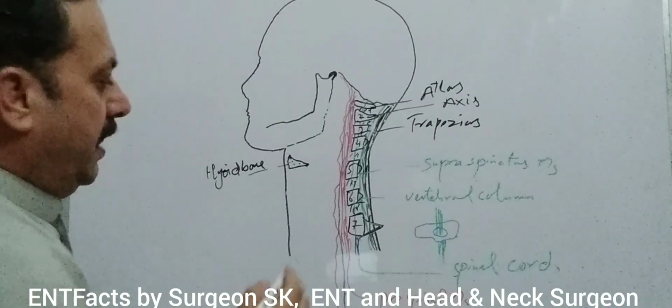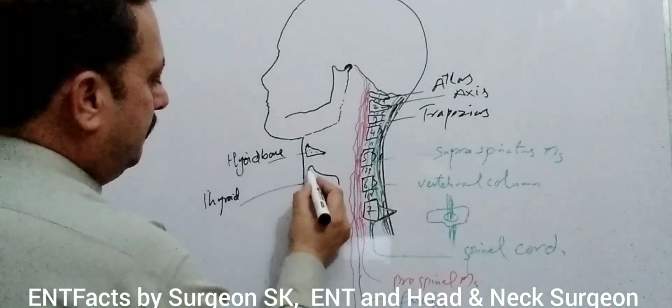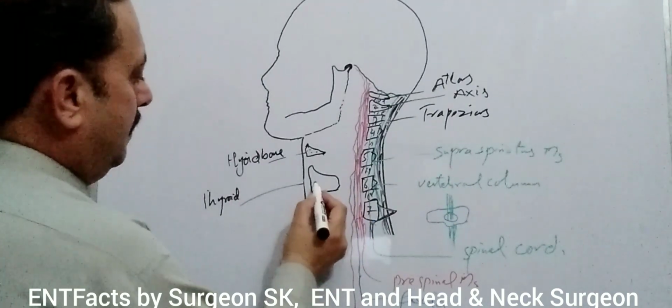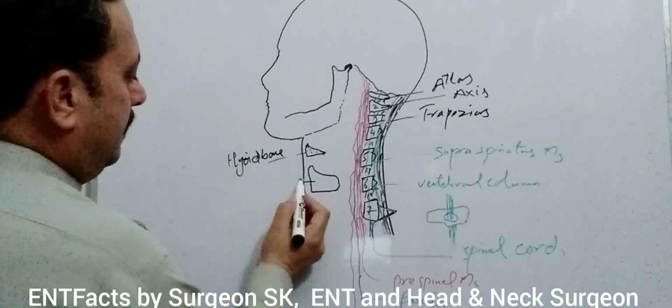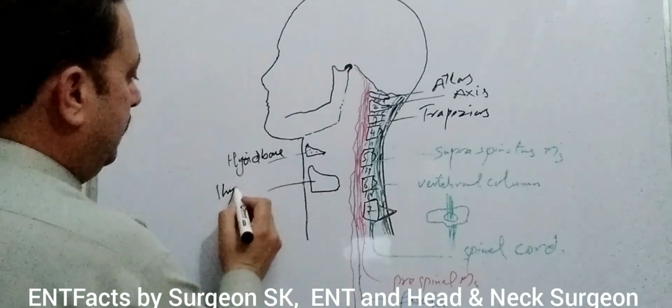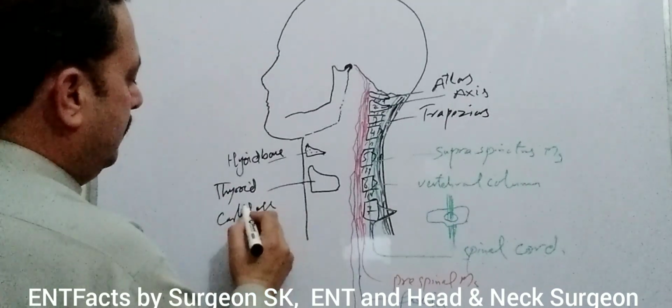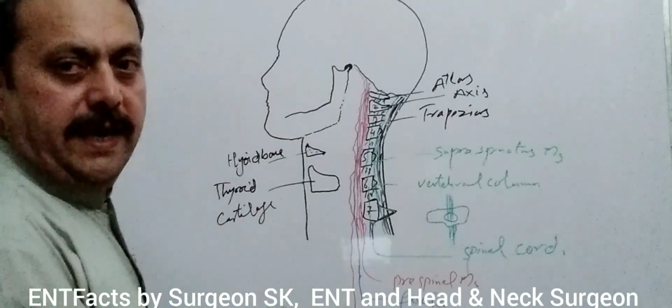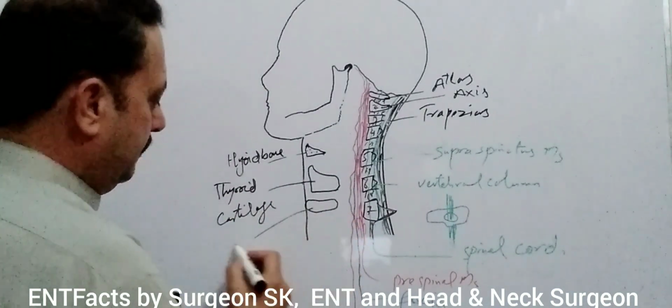Just below the hyoid bone is the thyroid cartilage. Below the thyroid cartilage is the cricoid cartilage.